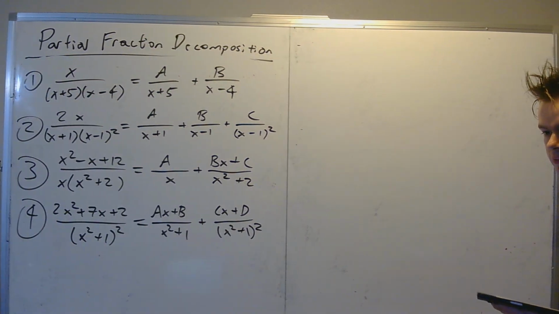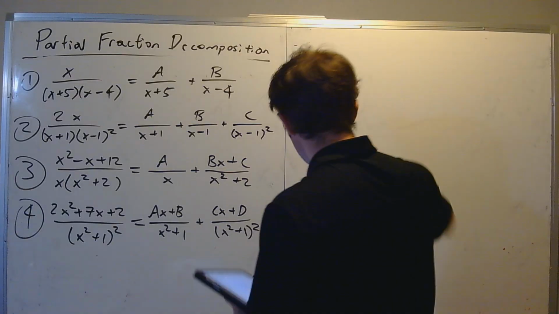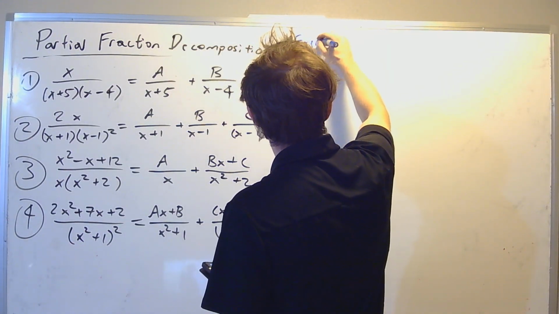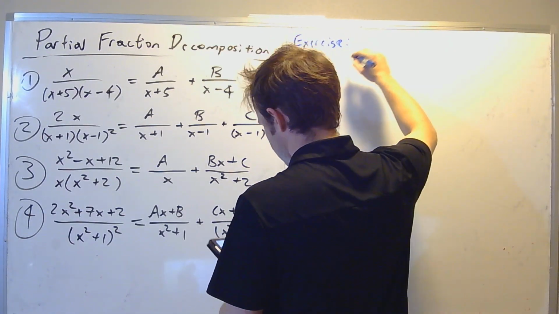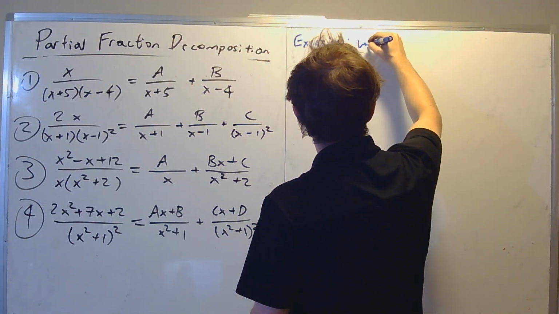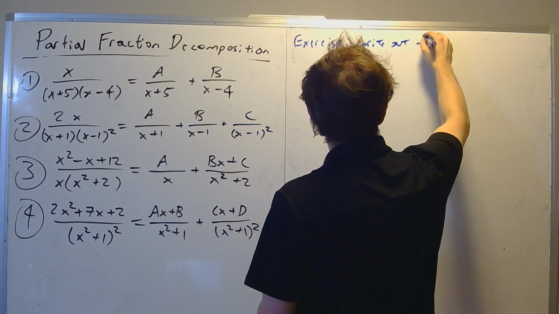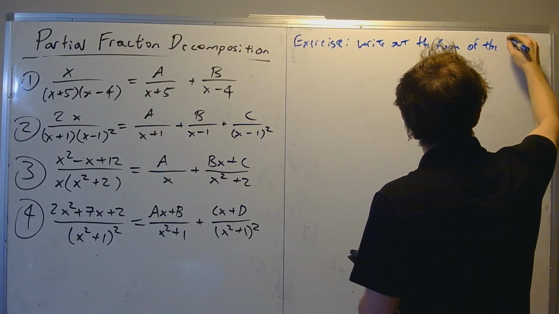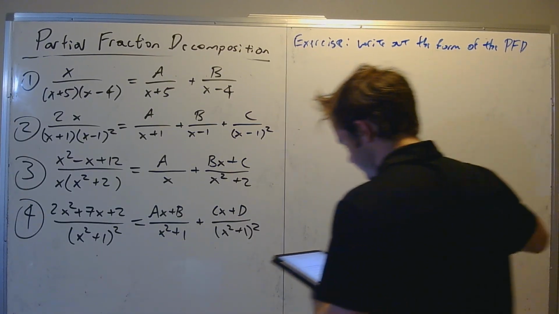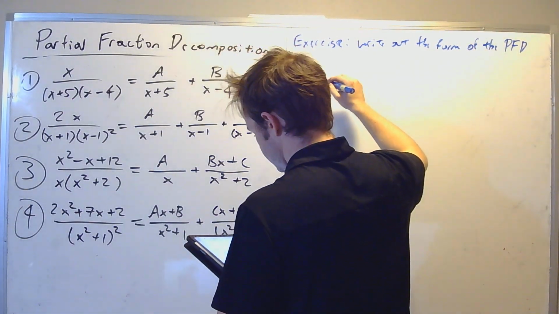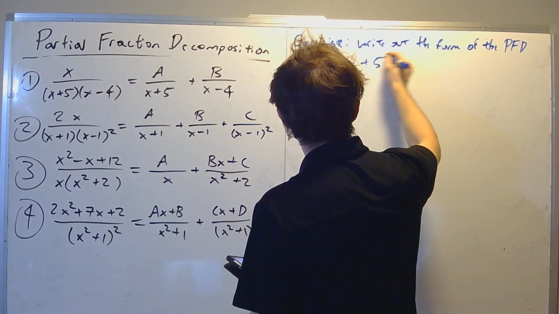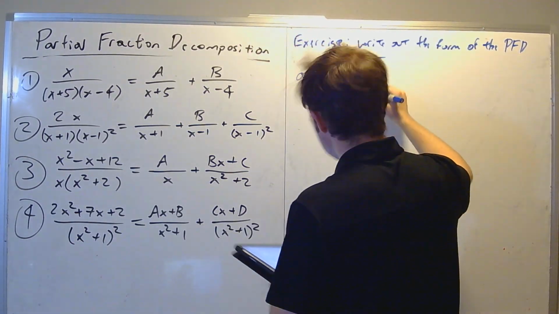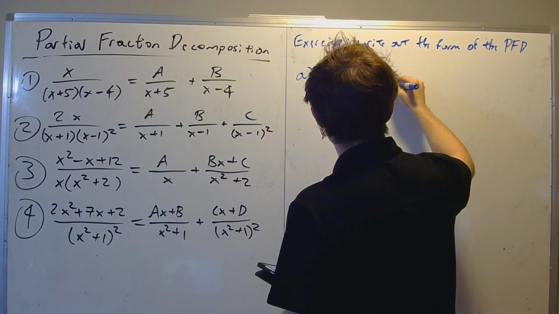Exercise A. Write out the form of the partial fraction decomposition. A is going to be 2x plus 5 over x minus 2 squared times x squared plus 2.